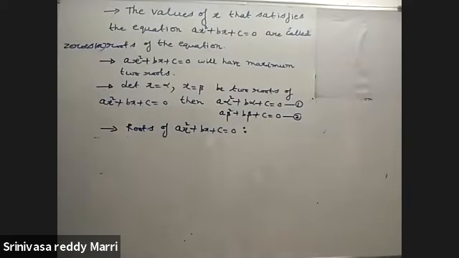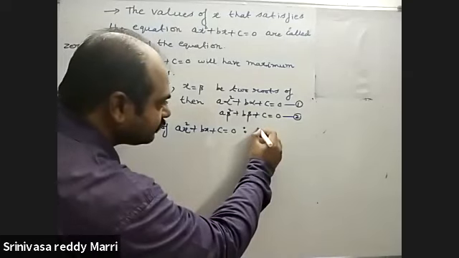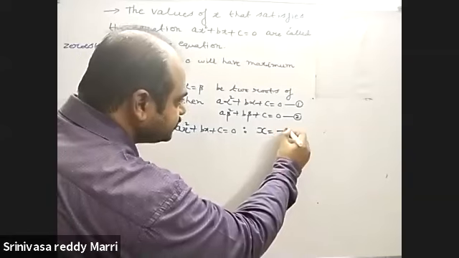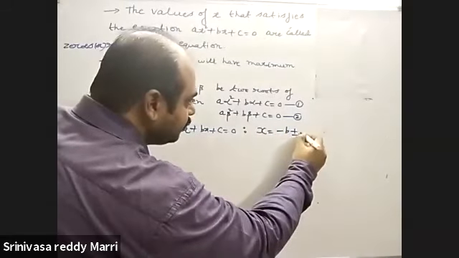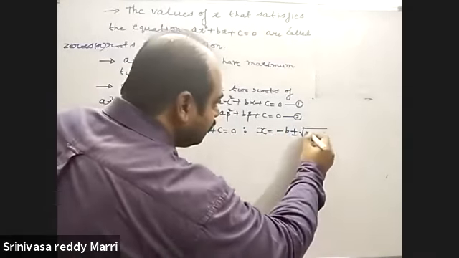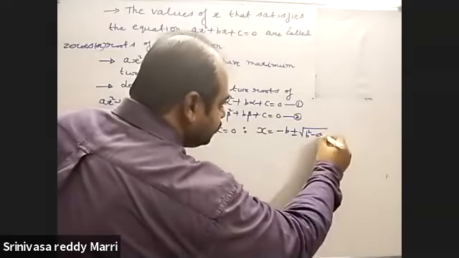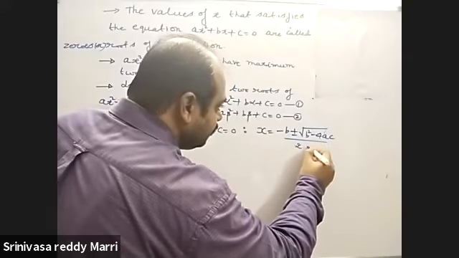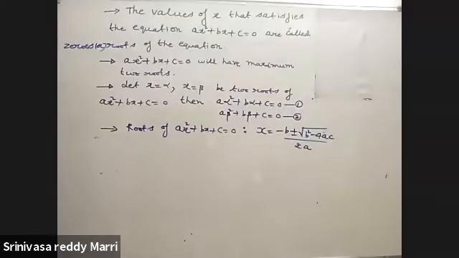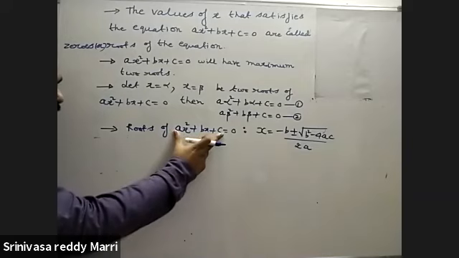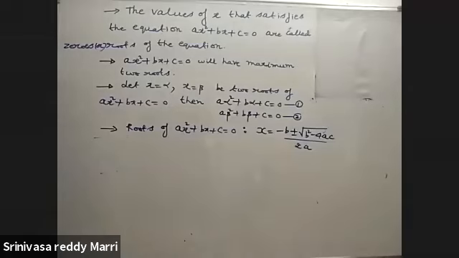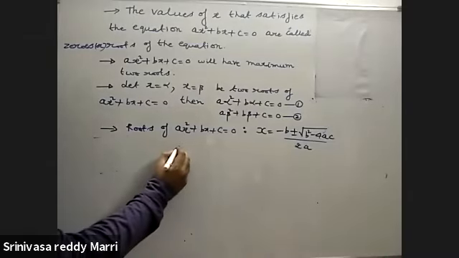You know the famous formula, everybody knows this one: x equals minus b plus or minus root of b square minus 4ac, divided by 2a.